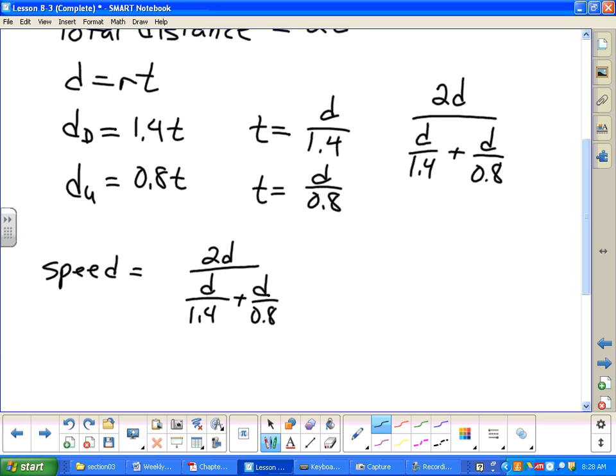We need a common denominator in our denominator. So that means we're going to multiply this part here by 0.8, excuse me, and this one by 1.4.